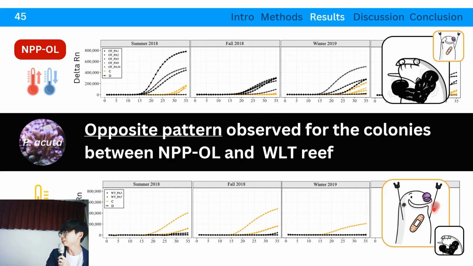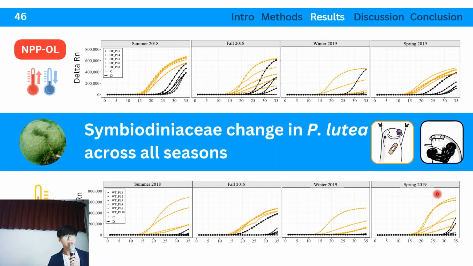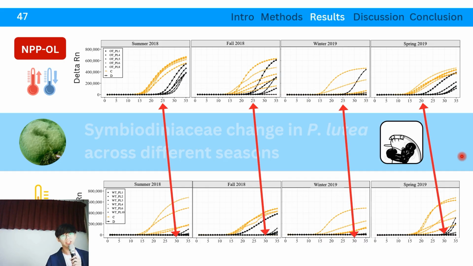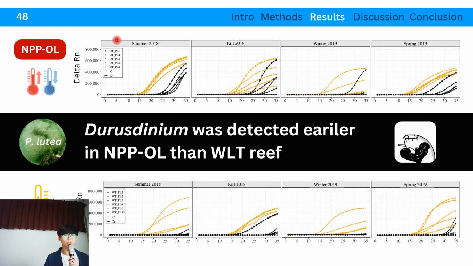They perform differently. And for our last coral species, Porites lutea, we find that the Durusdinium was also detected earlier in the outlet reef than in Wanli reef. So that is what we have found.